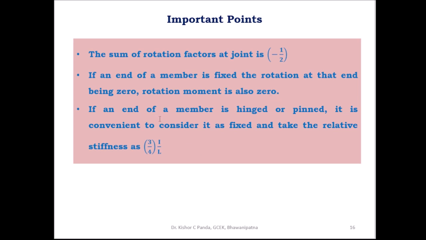If an end of a member is hinged, it is convenient to consider it as fixed and take the relative stiffness as 3/4 I by L. For all other members, you can find the relative stiffness by taking I by L.